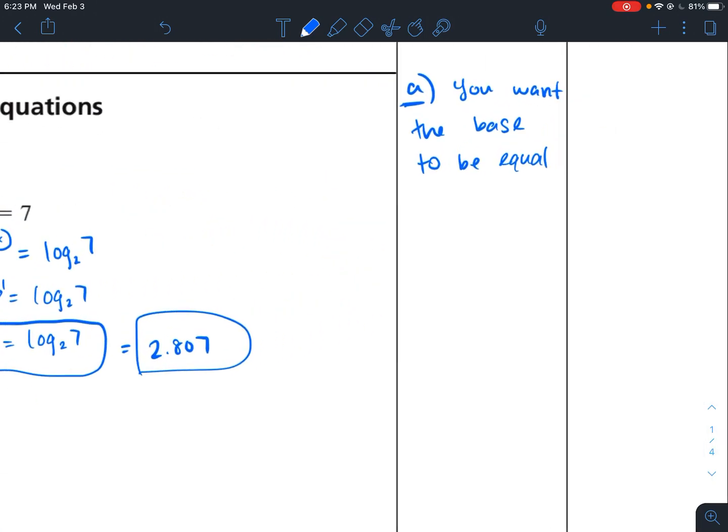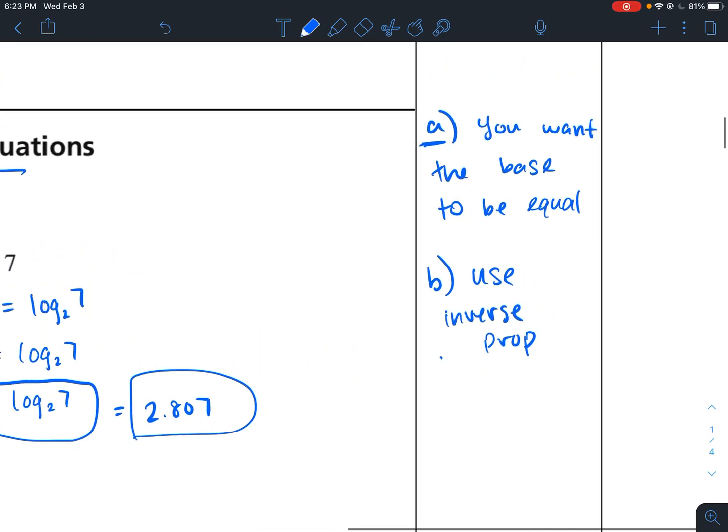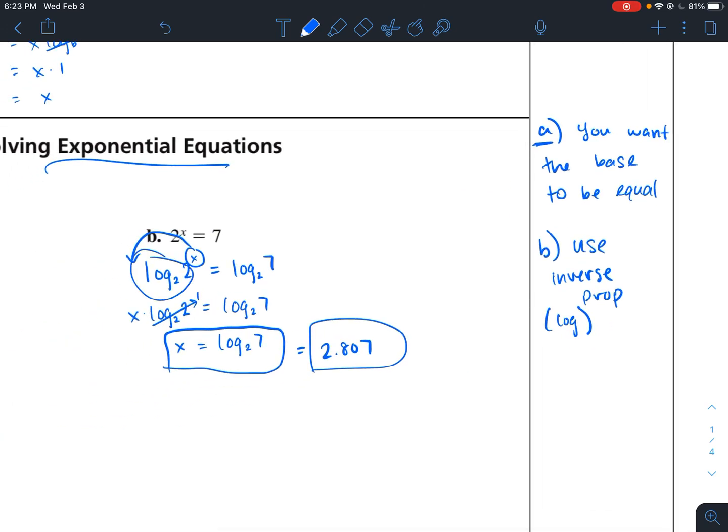Okay, so for B, use inverse property. This is an exponential equation, so the inverse property would be a log. That's what we did. We took the log of both sides.